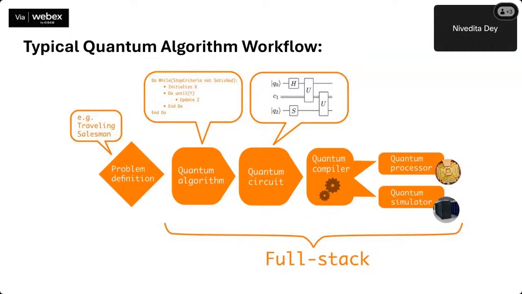Once it is done, it can be put to two different systems. The first one is the quantum processor and the second one is a quantum simulator. Quantum processor means it is a real quantum computer, and a quantum simulator is ultimately a classical system, but it is able to simulate the behavior of the quantum ones. Why do we use it today?